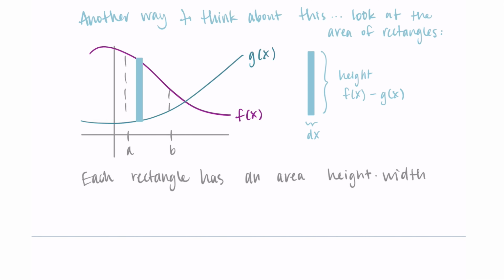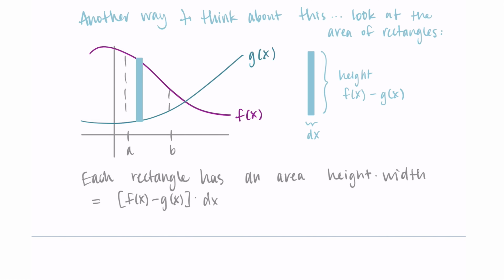And for us, that looks like f of x minus g of x, that's the height, times dx, that's the width. And so what we're going to do is add up all of these little rectangles, and we're making them infinitely narrow. We're setting the width to 0.